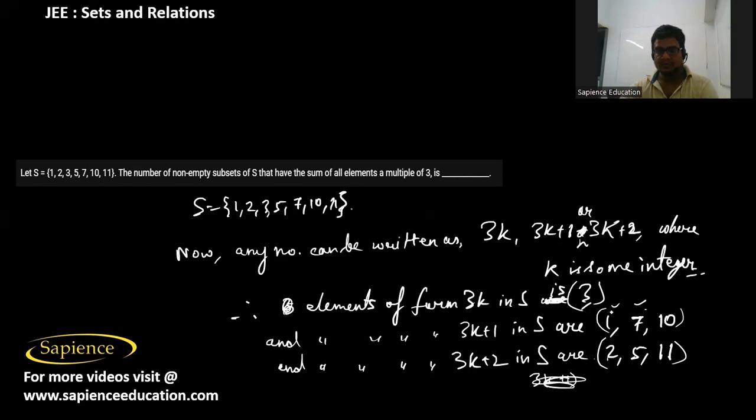Means from these two, if you take, then we will get 3k1 plus 1 plus 3k2 plus 2, or I can take, let's say, 3k1 dash plus 2 plus 3k.